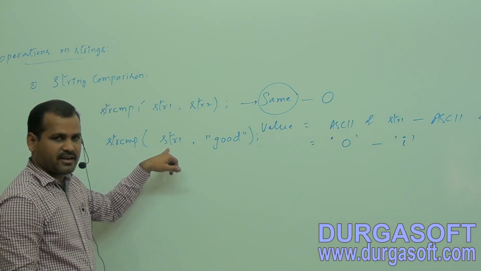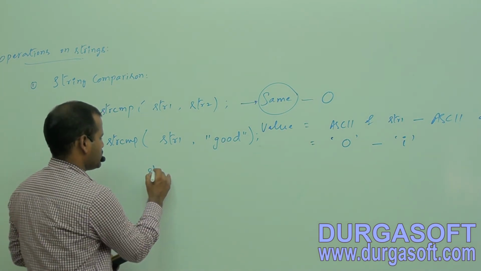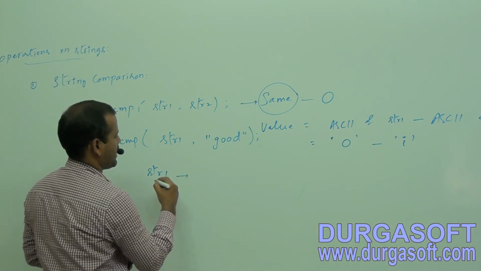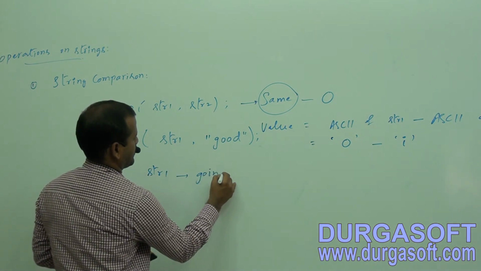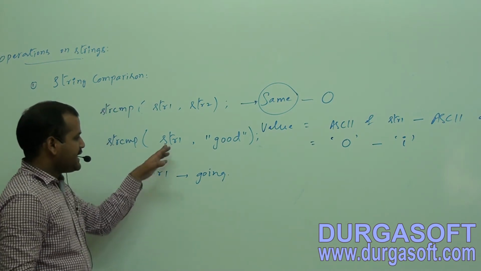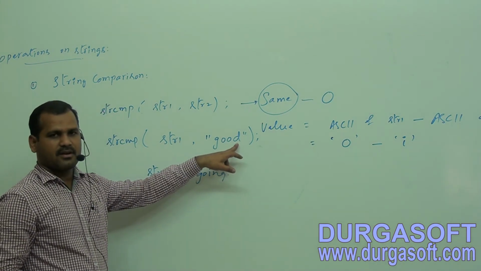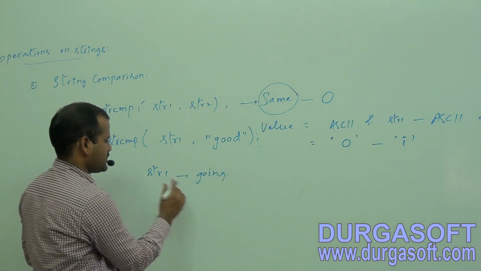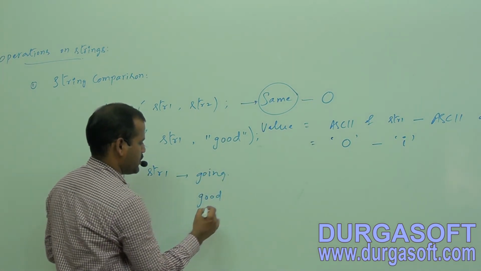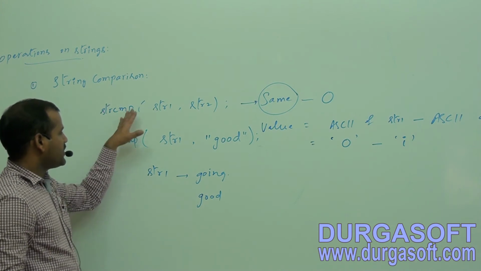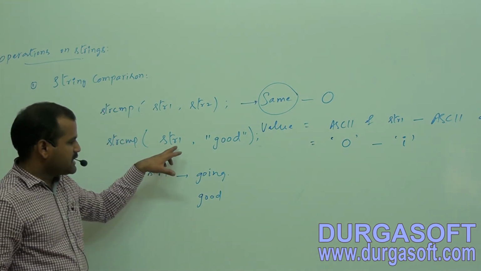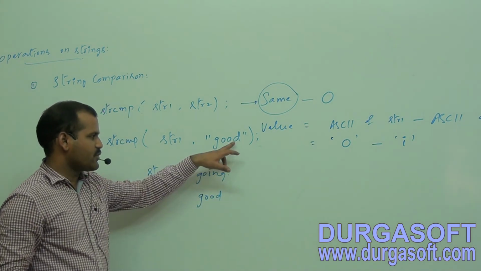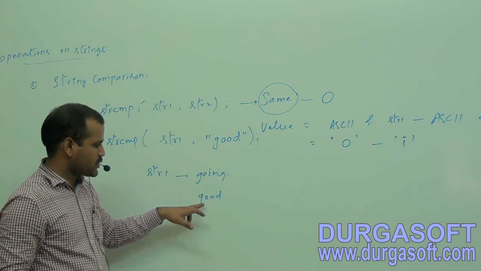Let us assume that string 1 has going now. It is compared with this string constant, good. So we have the facility with the string comparison function that string 1 has going, and we are comparing it with a string constant which is good.